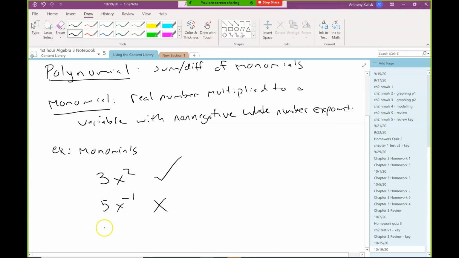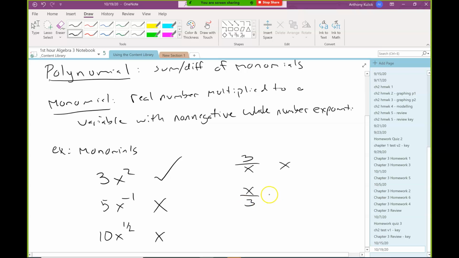In that case, it's negative. 10x to the 1/2 is not a monomial. Its exponent isn't a whole number. 3 over x is not a monomial because the x is in the denominator.